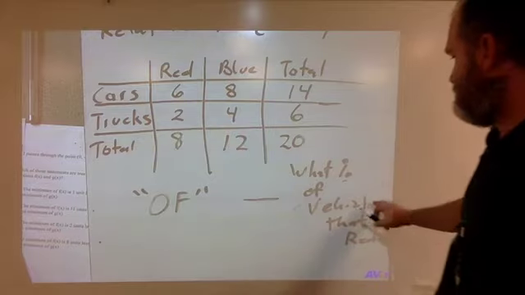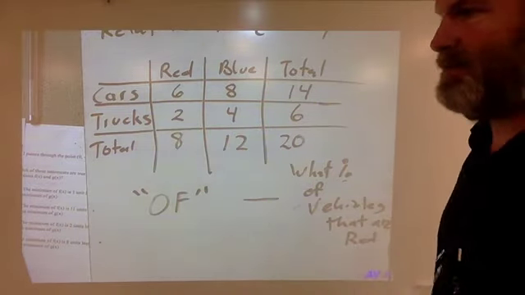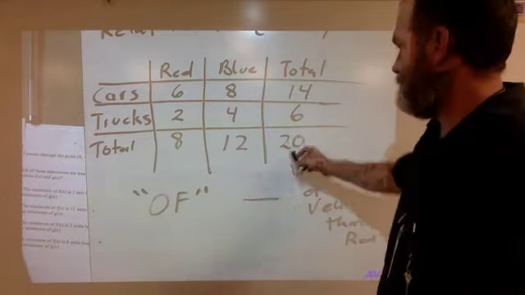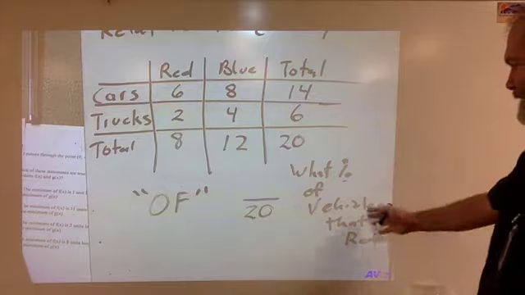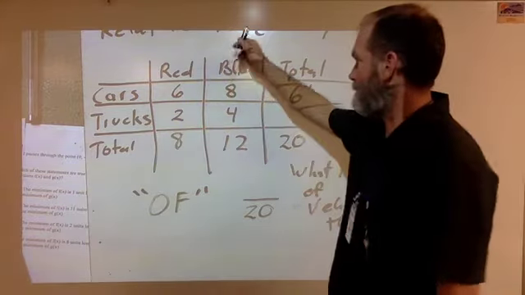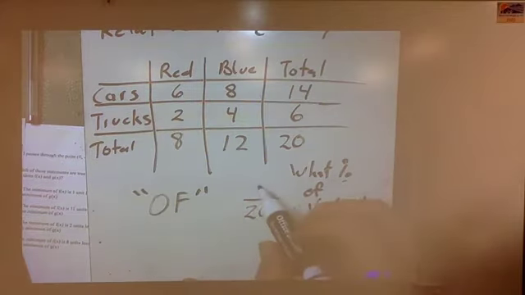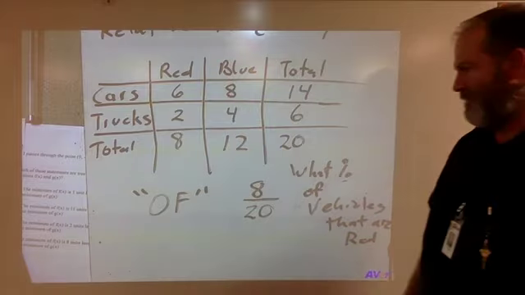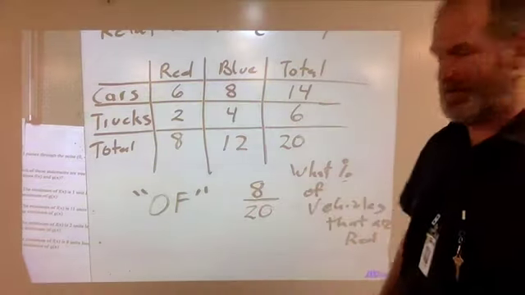Vehicles. Vehicles means trucks and cars, so it means everything. How many vehicles are there? There's 20. So 20 is going to be in our denominator. Of those 20, how many of them are red? 8 of them. So it's 8 out of 20. And you would turn that into a percentage and say that's 40%. Remember, to turn a fraction into a percentage, you divide the denominator into the numerator.